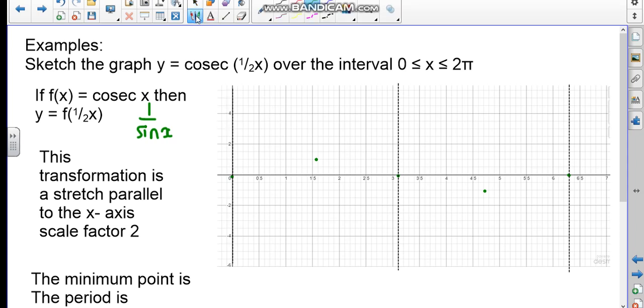So let's change the colour. We're going to come down here. We're going to touch at 1 about here, and then we're going to skeet back up in that direction.